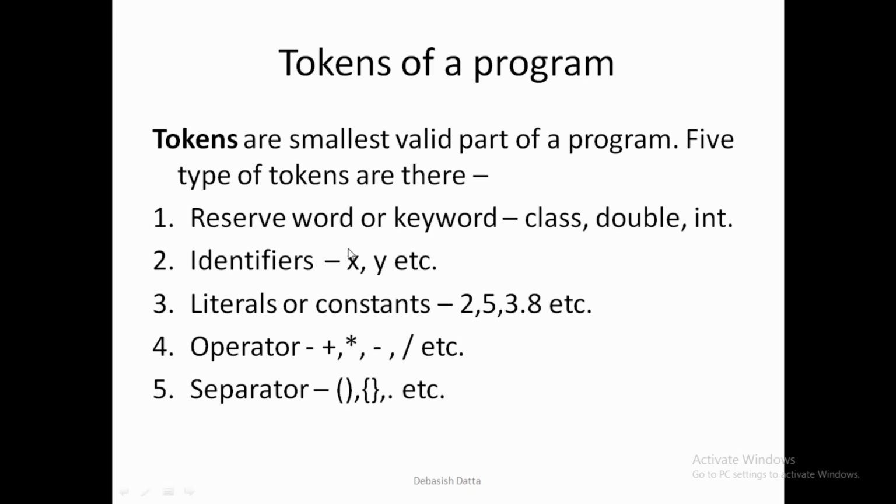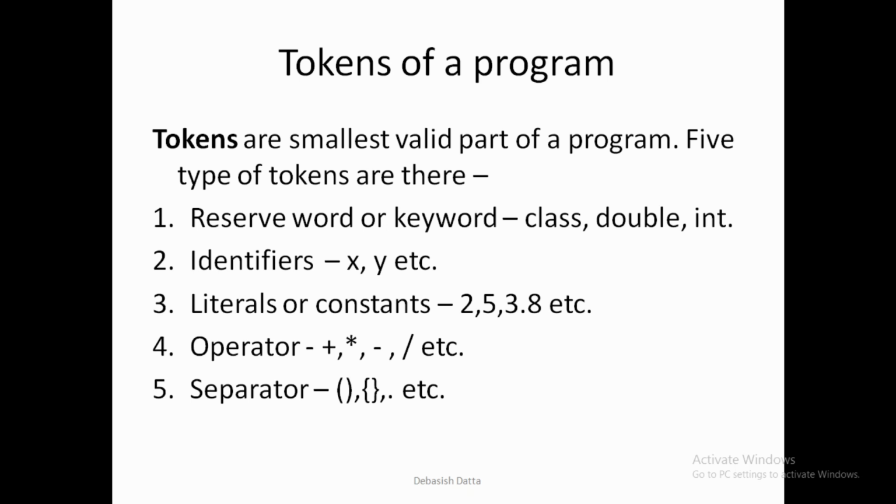Now identifiers. Identifiers are those entities which we use for variables and class names, and there are certain rules to form identifiers. We'll discuss these rules a few slides later.